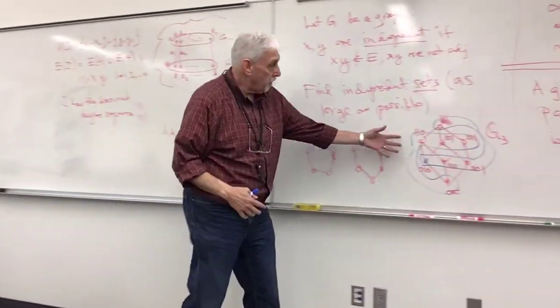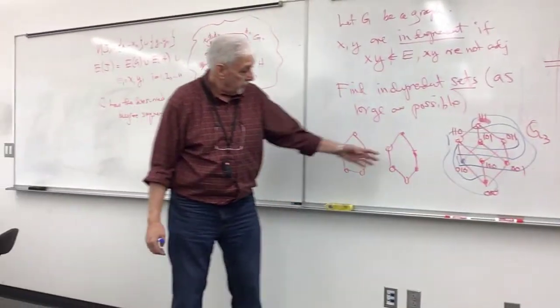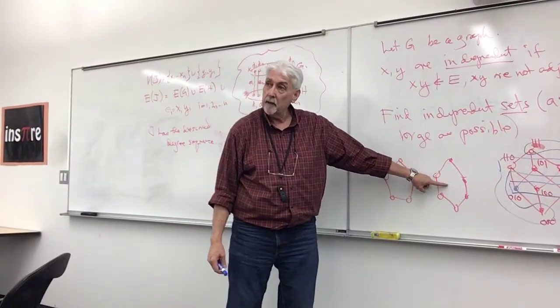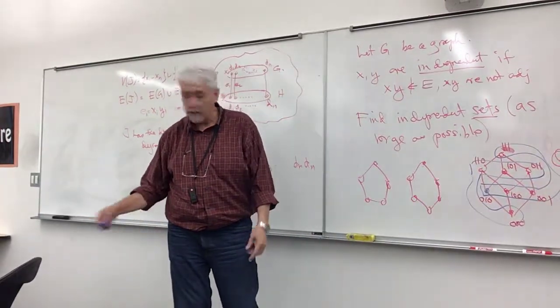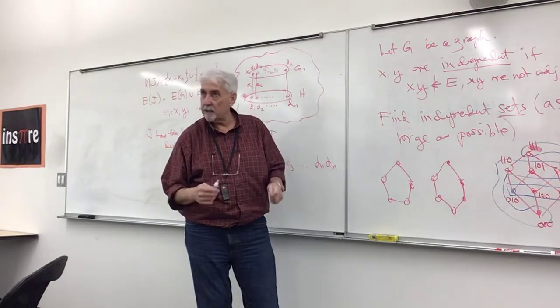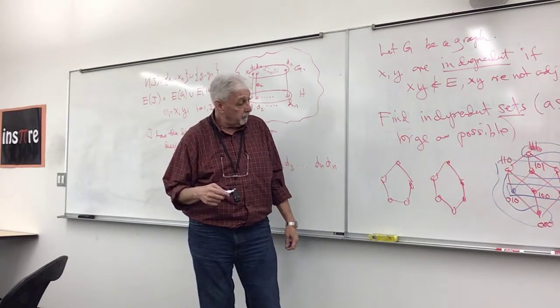So Q3 is a bipartite graph. C6, is C6 a bipartite graph? This is C6. Can you show me? I have to partition the vertices into 2 sets of vertices that are independent.